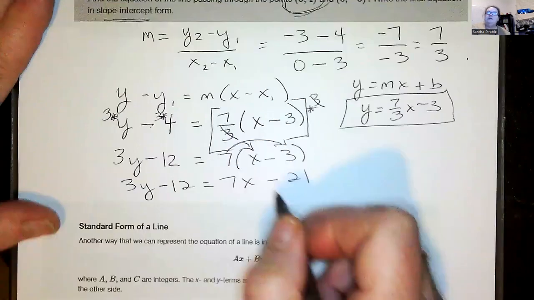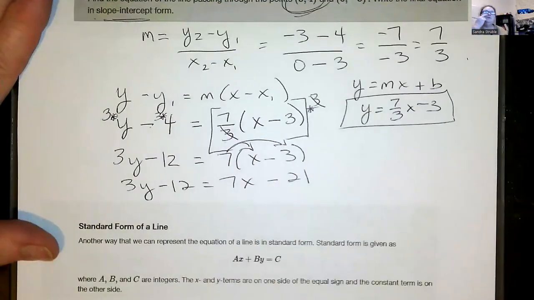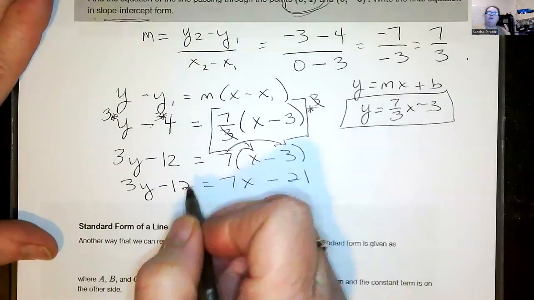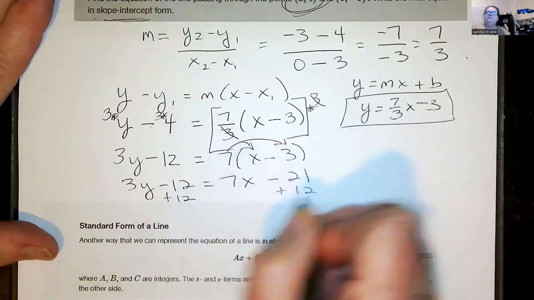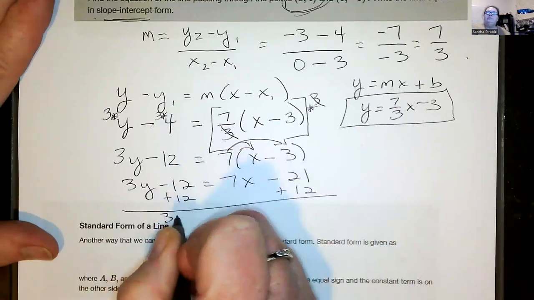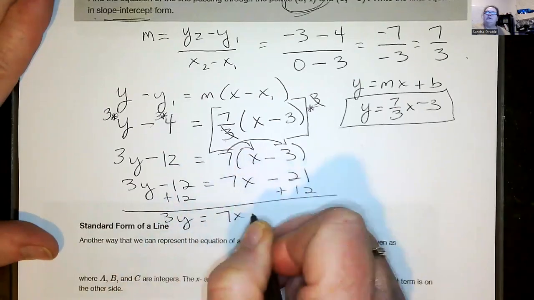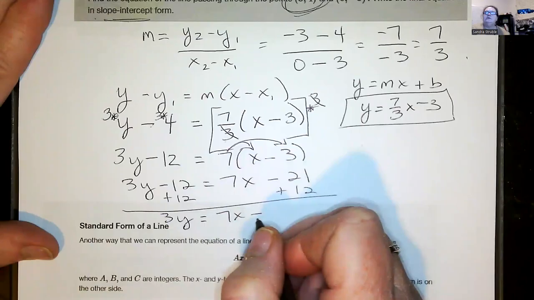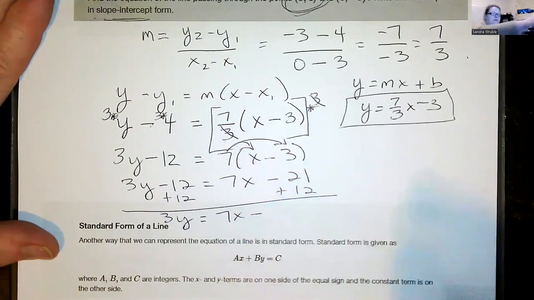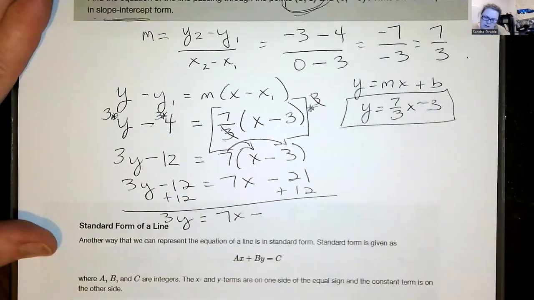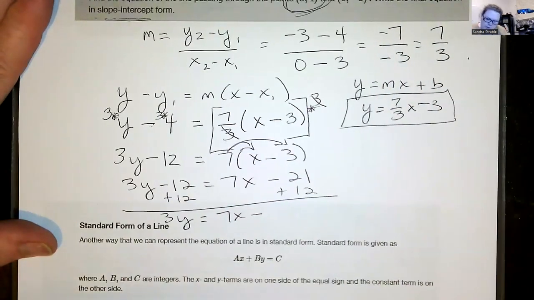All right. So last thing we're going to do is we're going to solve for y. So I'm going to start by getting rid of this -12 by bringing it over. And I get 3y is equal to 7x minus, why am I forgetting this? Hold on a second. I'm just not even thinking what 21 and 12.